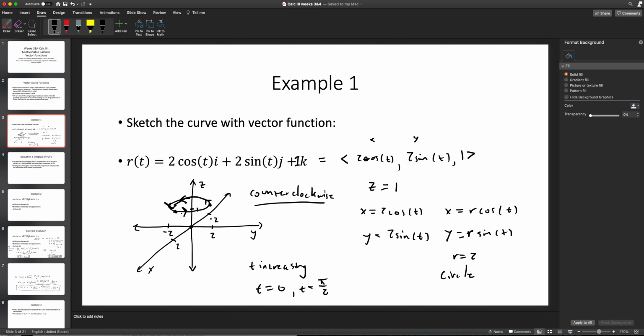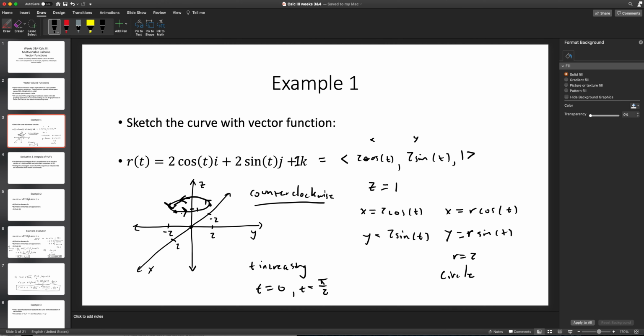All right, so we need to find a vector function that represents the curve of the intersection of these two surfaces. On the one hand, we have a cylinder, x squared plus y squared equals 4, and we have a surface z equals xy. So we want to look at the solution.